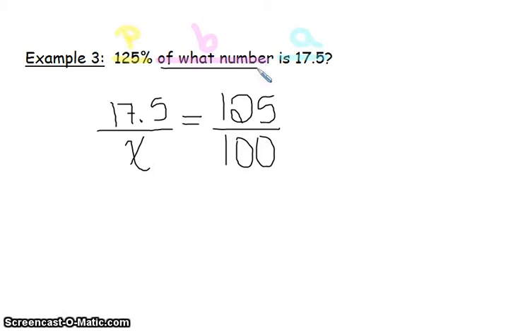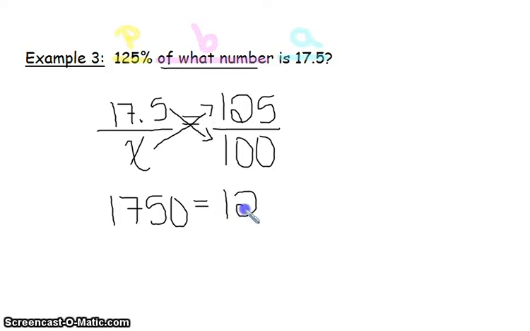So simple cross multiplication, 17.5 times 100 is 1,750. And that equals, when you cross multiply the other direction, x times 125 is simply 125x. And now I'm down to a one-step equation.